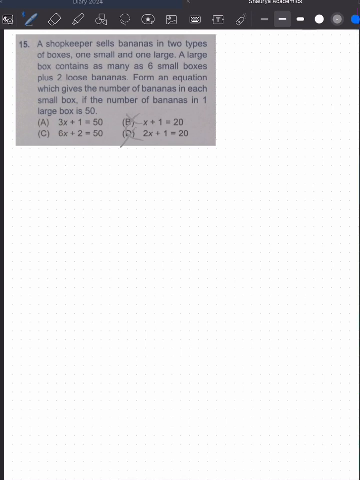So if we take number of bananas is equal to x, no, we will take number of small boxes is equal to x. So let number of small boxes be equal to x.